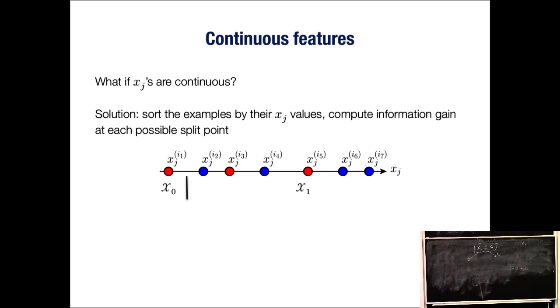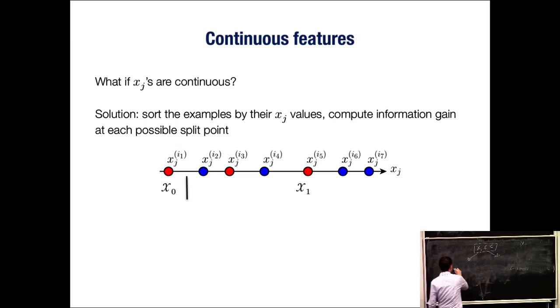We're going to take our feature xj and sort our data points based upon that feature. So notice here, my superscripts are not just 1, 2, 3, etc. They're actually i1, i2, i3. So the idea here is that xj of i1 is less than xj of i2, which is less than xj of i3, etc. So I'm plotting the value of the jth coordinate for all those data points.